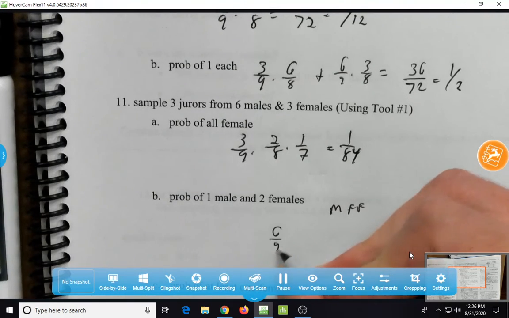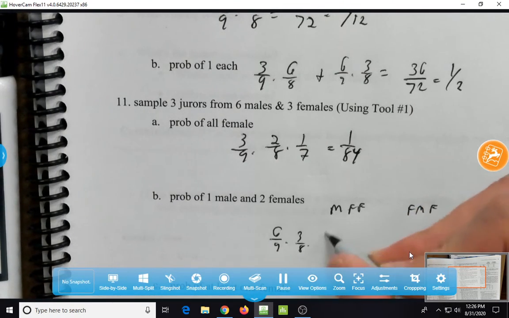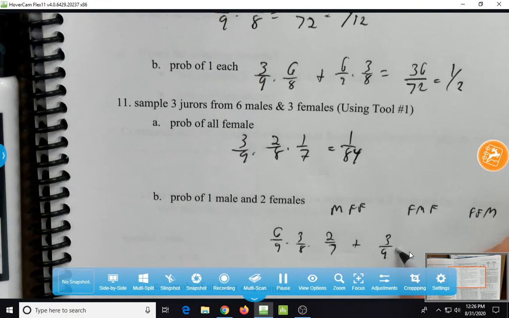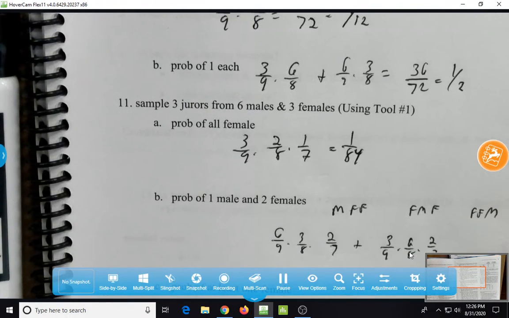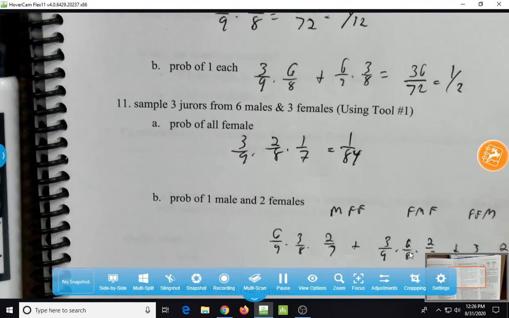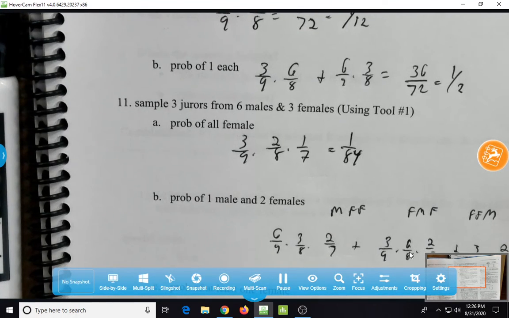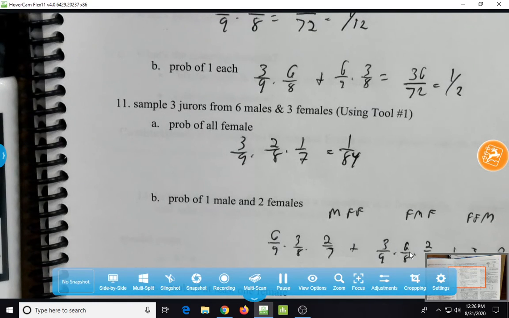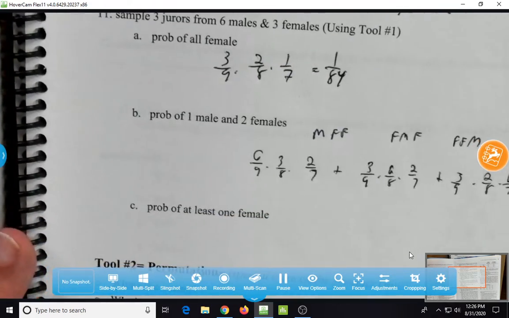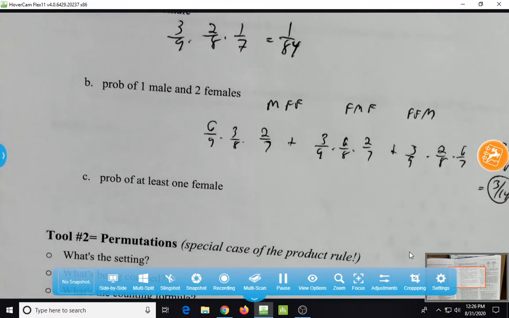So 6/9 times 3/8 times 2/7 plus 3/9 times 6/8 times 2/7 plus 3/9 times 2/8 times 6/7, and I think you get 3 times 36 over 504, or 3/14, I believe.